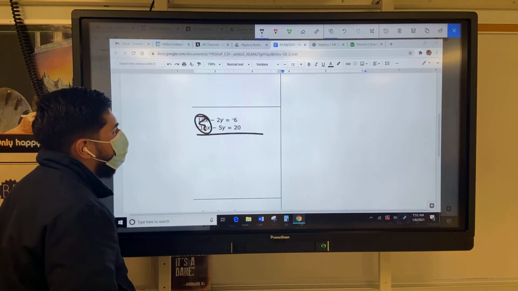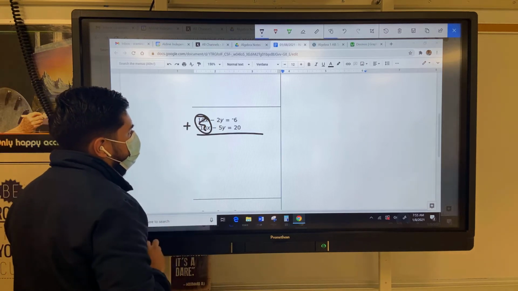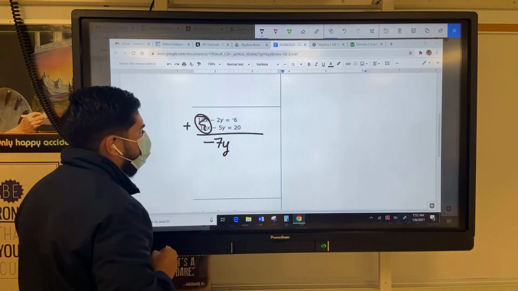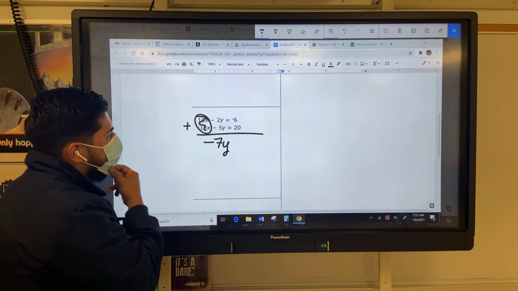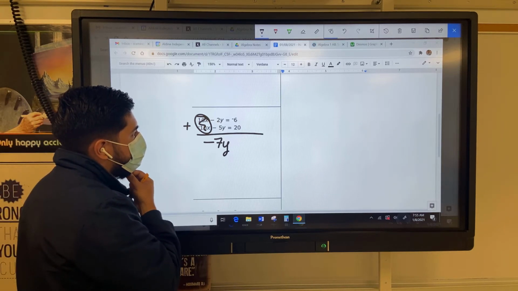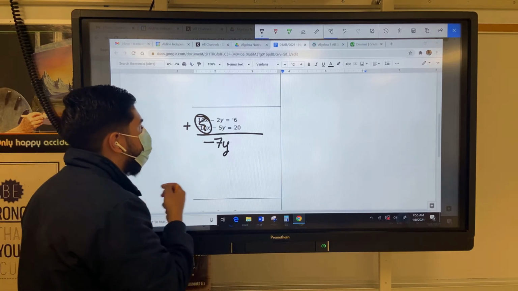Let's add downwards. Negative 2 plus negative 5, negative 7y. Interesting. It's going to give me 2. Did I say negative 1, negative 2? I don't remember.